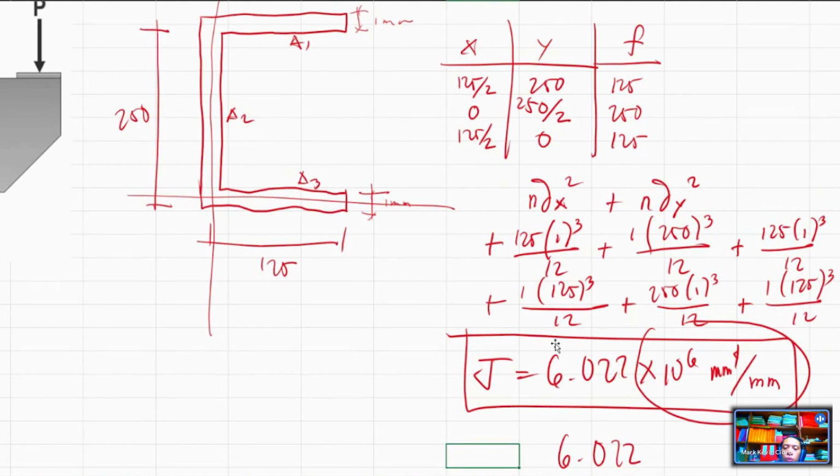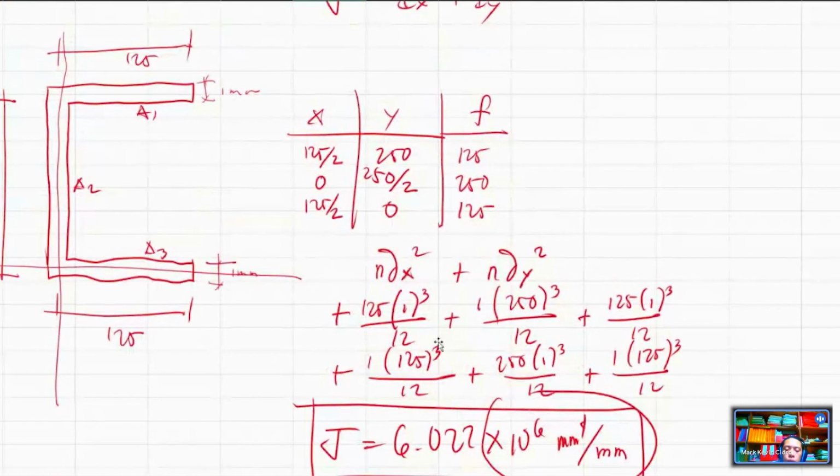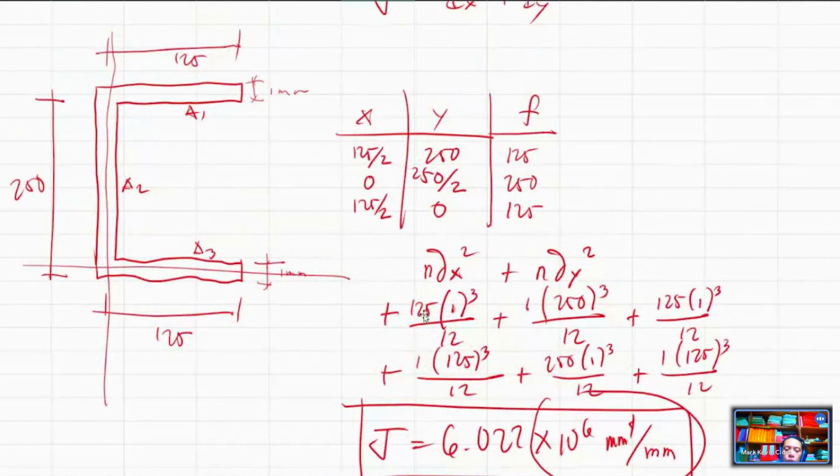Now, if you look here, 125 times 1, for example, for this area 1, if the height is 1 mm, this is almost negligible.